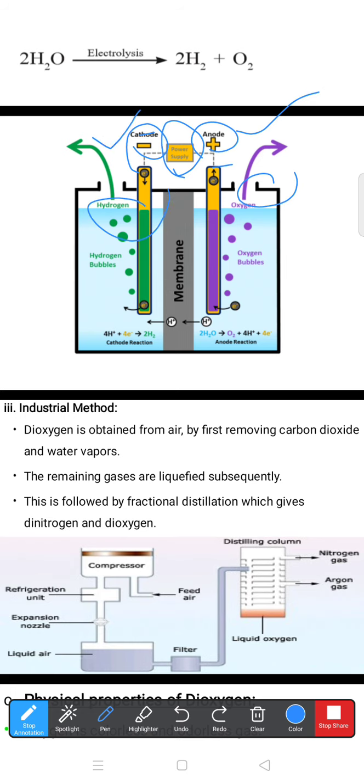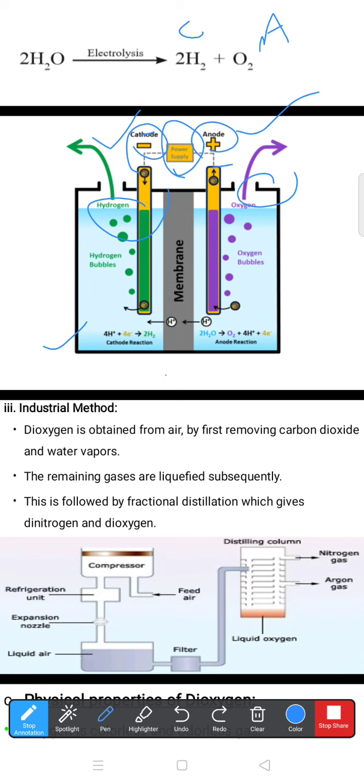So here this oxygen can be liberated toward the anode, and this hydrogen can be liberated toward the cathode. In this assembly, whenever 4 H+ ions accept 4 electrons, it gives 2 H2 at the cathode. Here gain of electrons shows reduction.